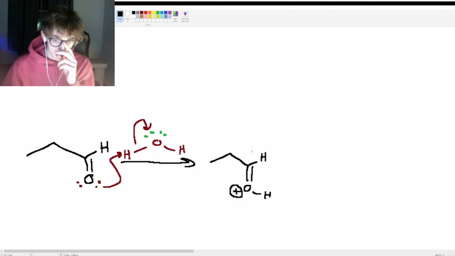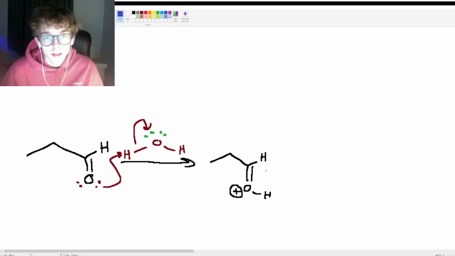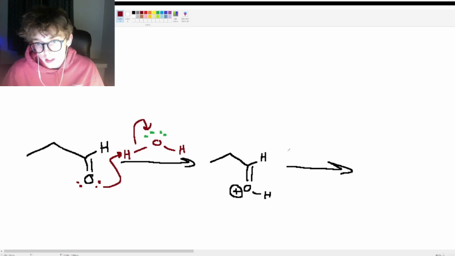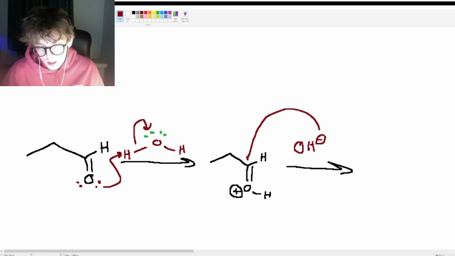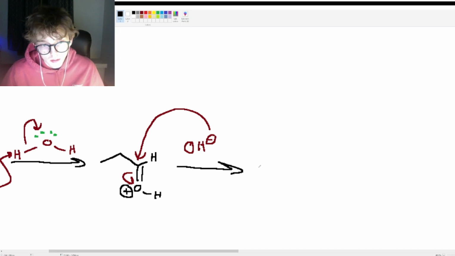Now through resonance, we know that this carbon is feeling a little more positive than the other ones, so we have a slight partial positive buildup there. So what happens? Hydroxide comes in, it's going to kick up those electrons, and we're going to form a hydrate. And we'll just draw it like this.